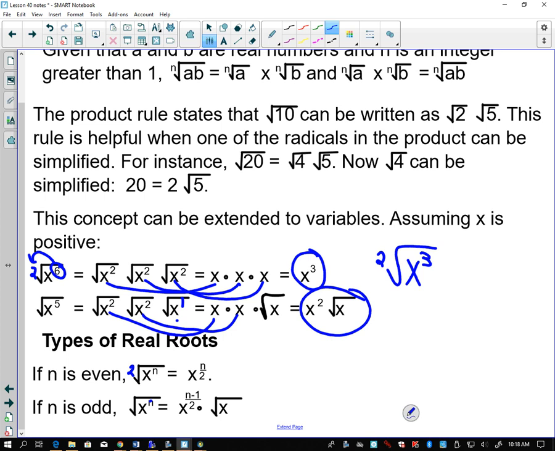So you could look at this as x to the 3 halves, or that's also the square root of x squared times the square root of x. So that's going to be x radical x, which is what they're showing.